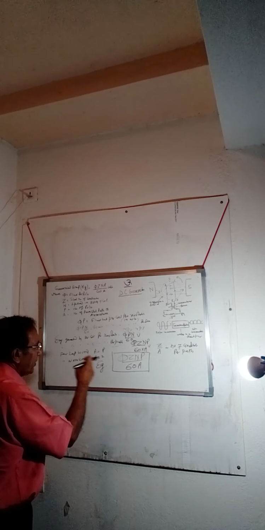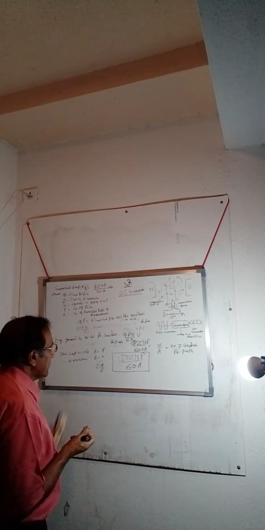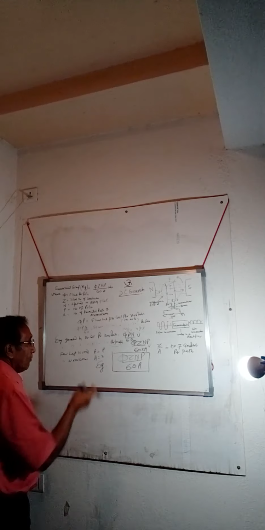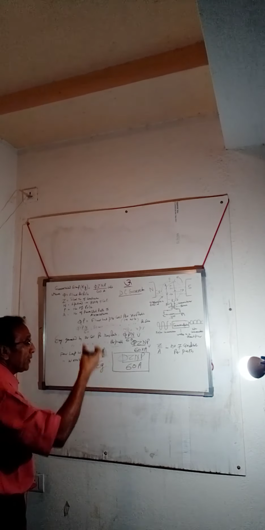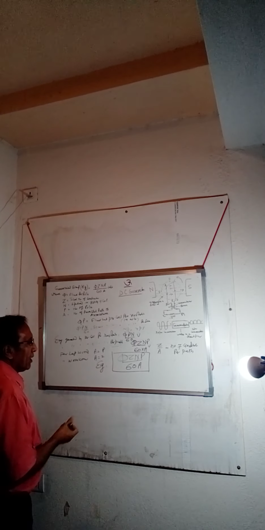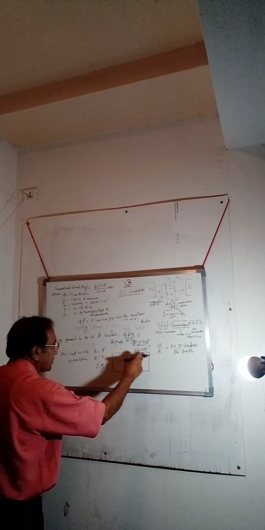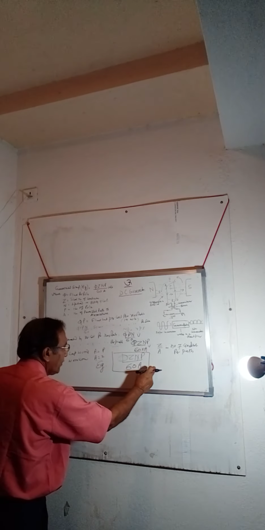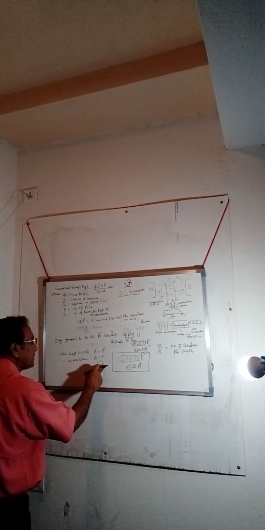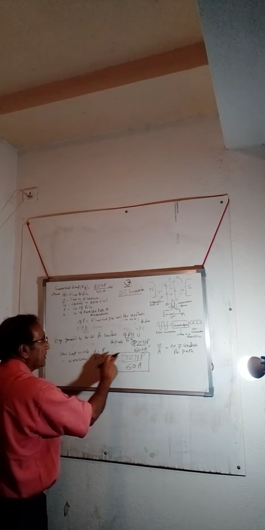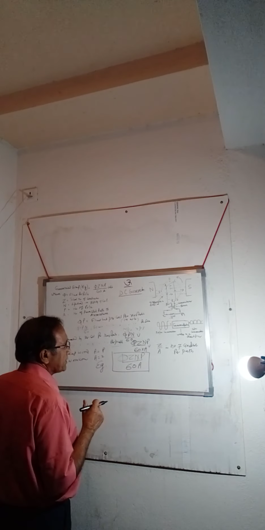Generated voltage is always greater than the terminal voltage in the DC generator. But this generated voltage becomes back EMF in the case of a DC motor. In the DC generator, it is the generated voltage by the generator.